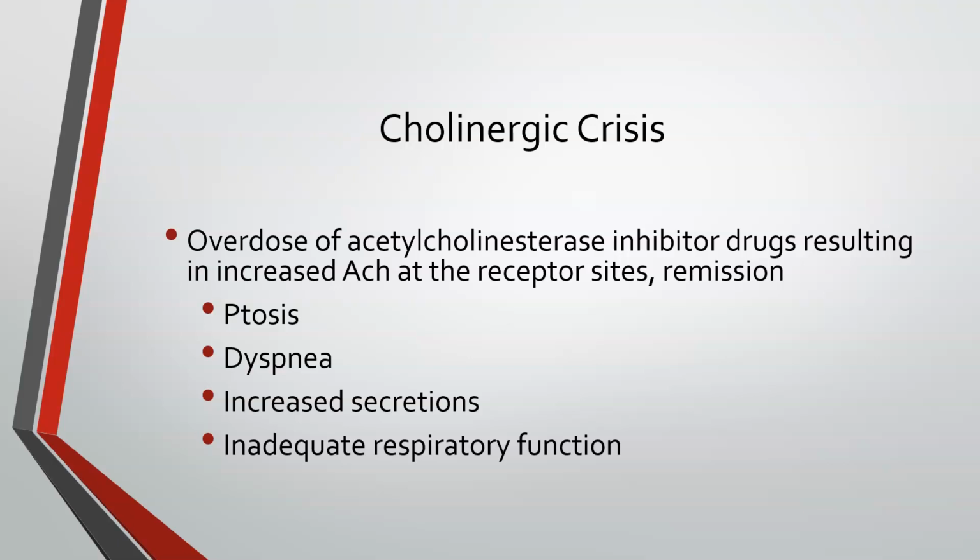Now, it's not always the case. The way I read this, it reads SLUDGE. And they may not have all of them. They may have some of them. They may have none. But that is an identifier as well for the cholinergic crisis.